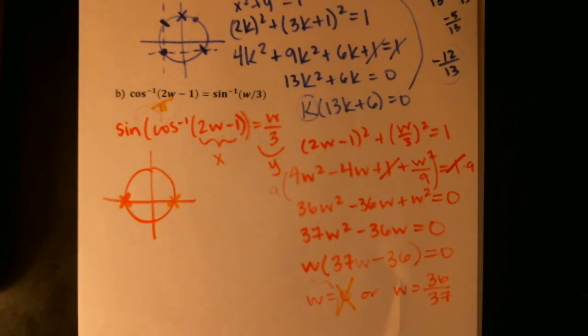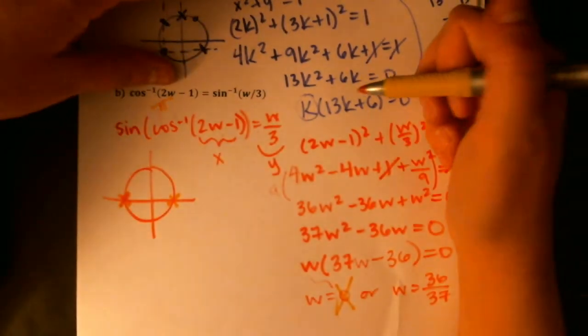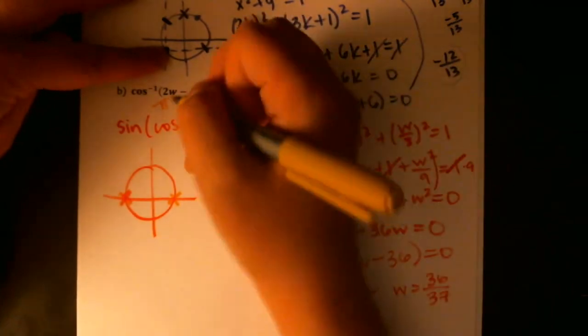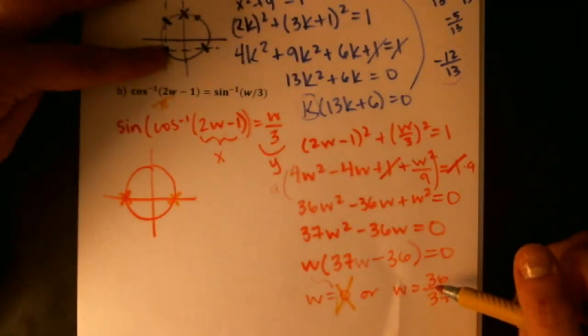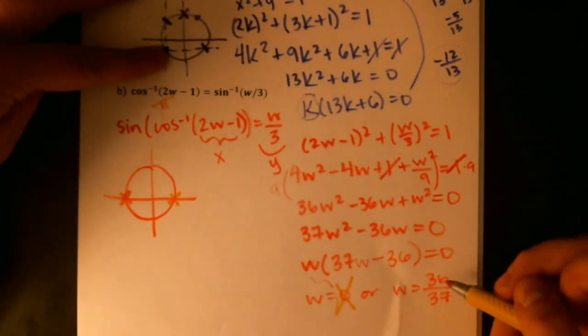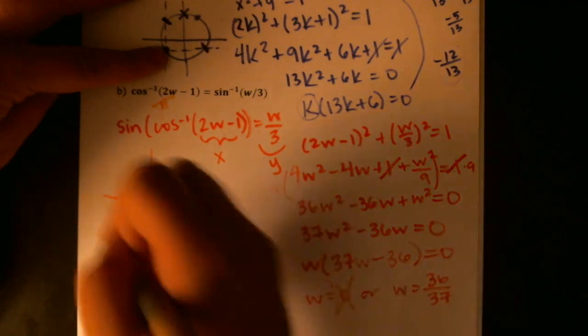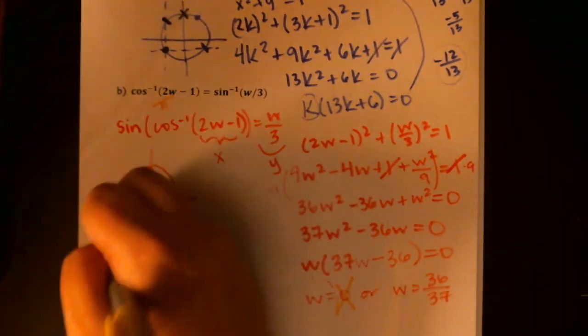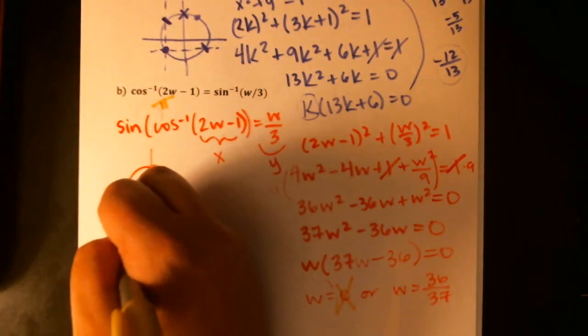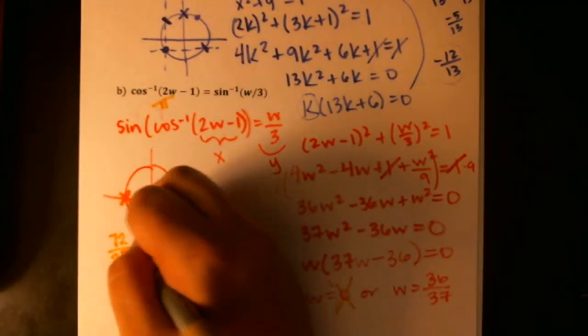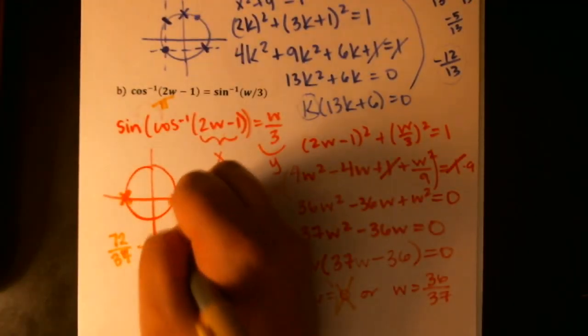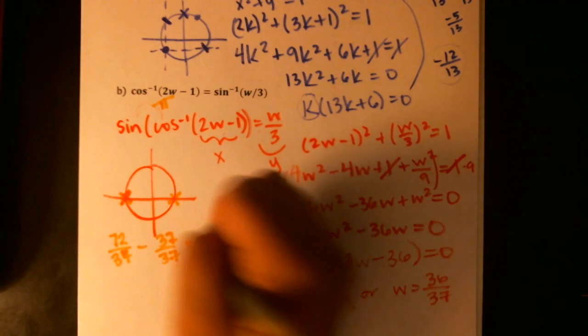Let's see if we can struggle through the 36 over 37. If we plug it in here, we're getting 2 times this. So 2 times 36 is 72, so we have 72 over 37. And then we're subtracting 1, which is 37 over 37.